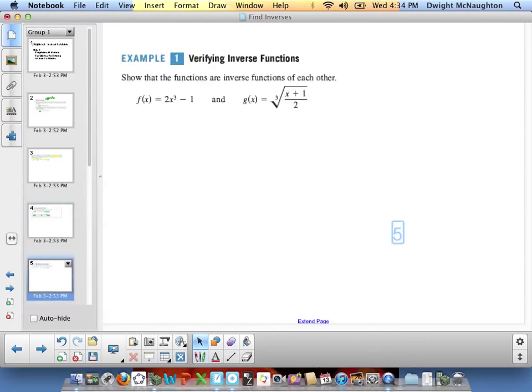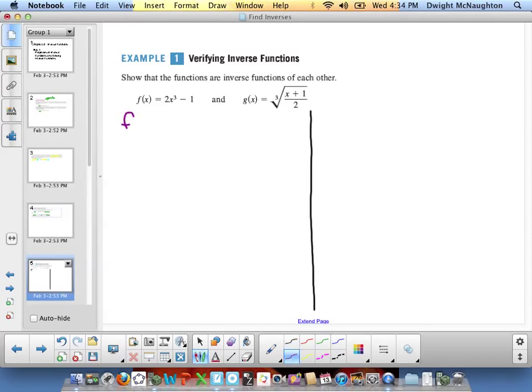Let's verify that these two functions are inverses. So we need to do two things. We need to do f of g of x, and we need to do g of f of x. We'll take g and put it into f. g is the cube root of (x plus 1) over 2.